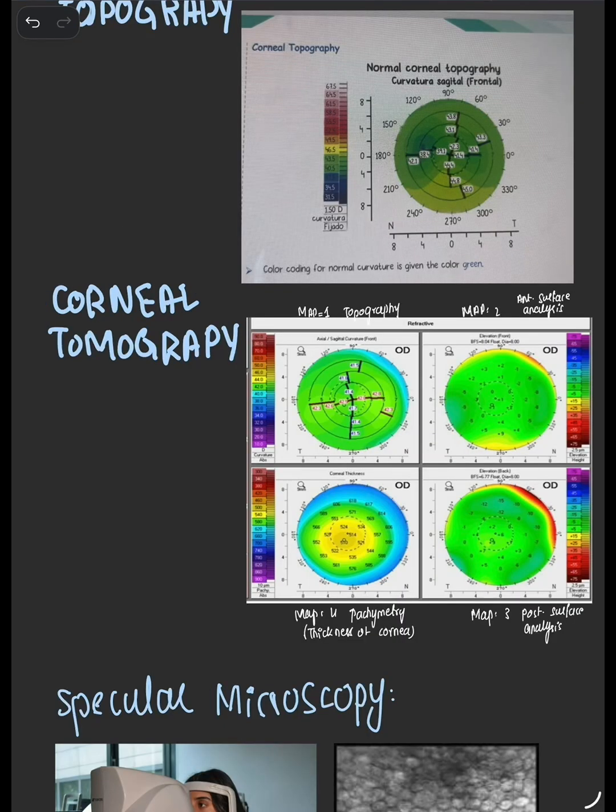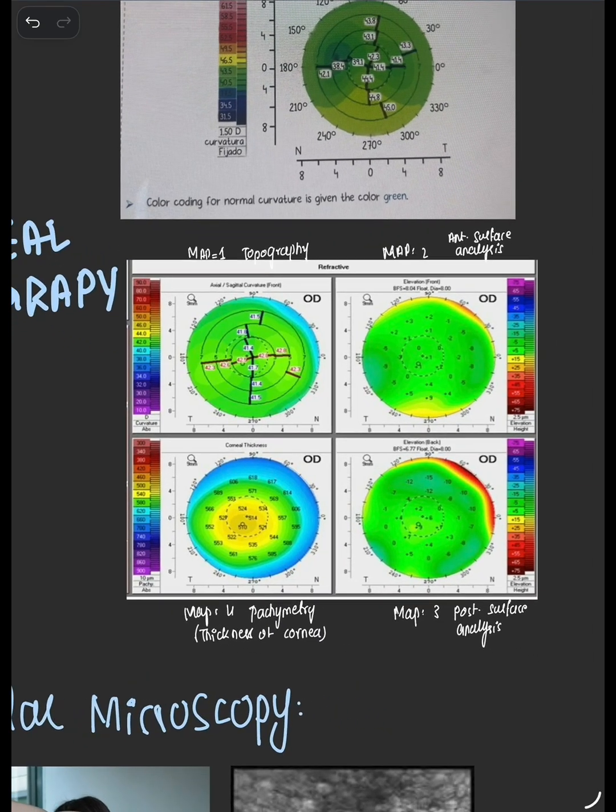Then we have the corneal tomography. I told you that the tomography is better than the topography, because it has 4 maps. The first map shows the curvature of the cornea. Then map 2 shows the anterior surface analysis, if there is elevation or depression on the anterior surface.